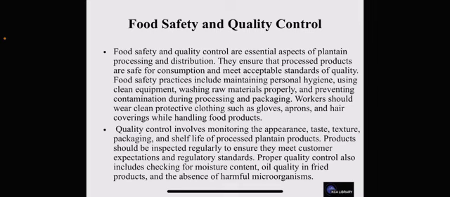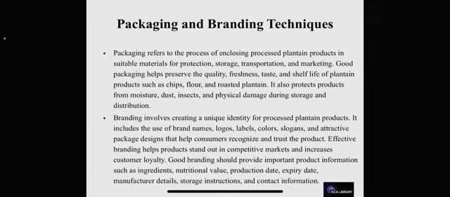Now, quality control involves monitoring the appearance, the taste, the texture, packaging, and shelf life of processed plantain products. Products should be inspected regularly to ensure they meet customer expectations and regulatory standards. Proper quality control also includes checking for moisture content, oil quality in fried products, and the absence of harmful microorganisms.